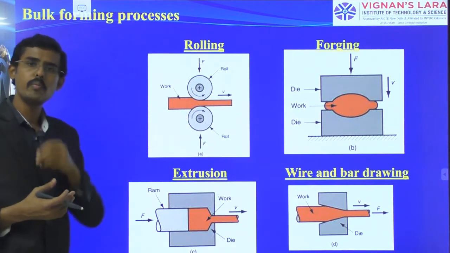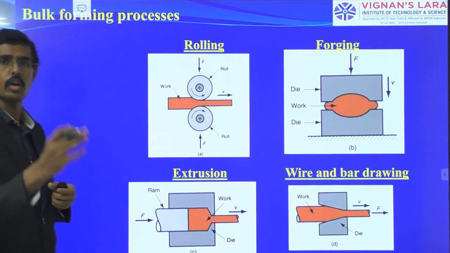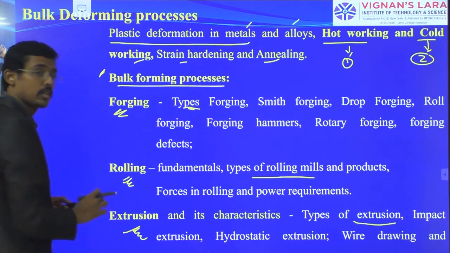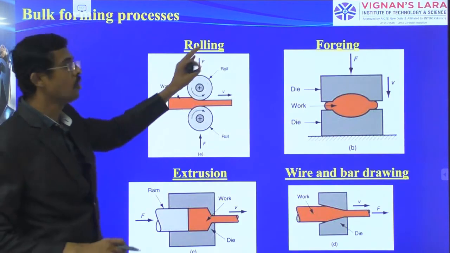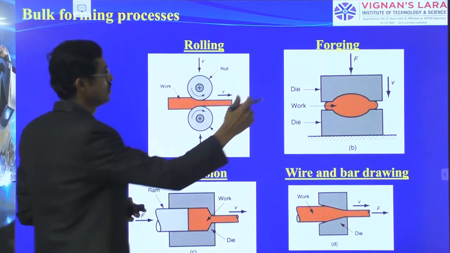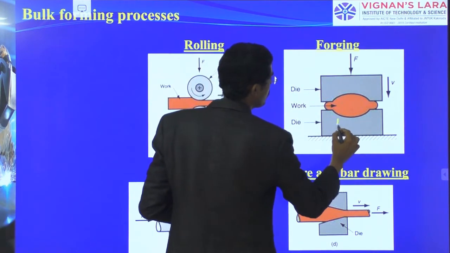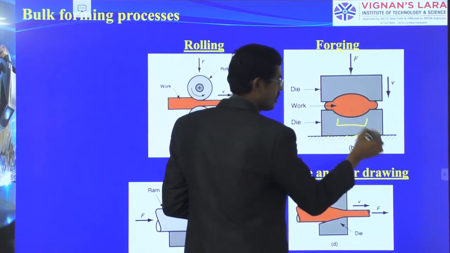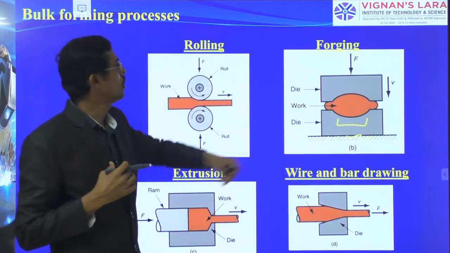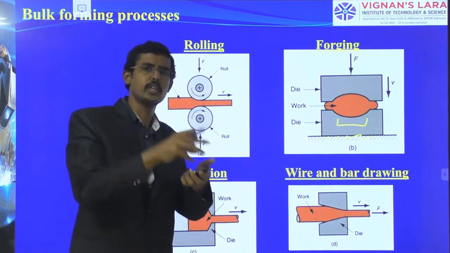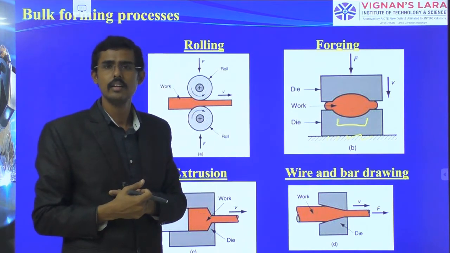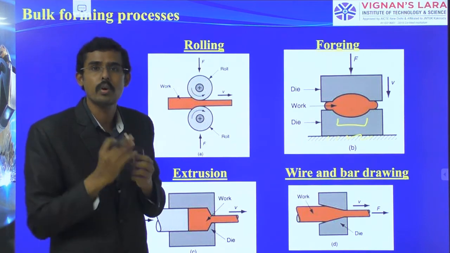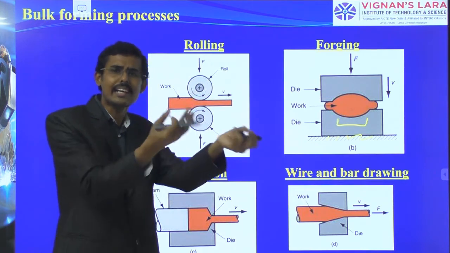In general, how can we understand these three points: forging, rolling, extrusions. First, in a forging treatment, we have a die process. It may be a fixed die, and we do a forging treatment where a forceful pressing action is applied, and the metal, which is in the hot condition in a hot working process, is deformed into the other shape.